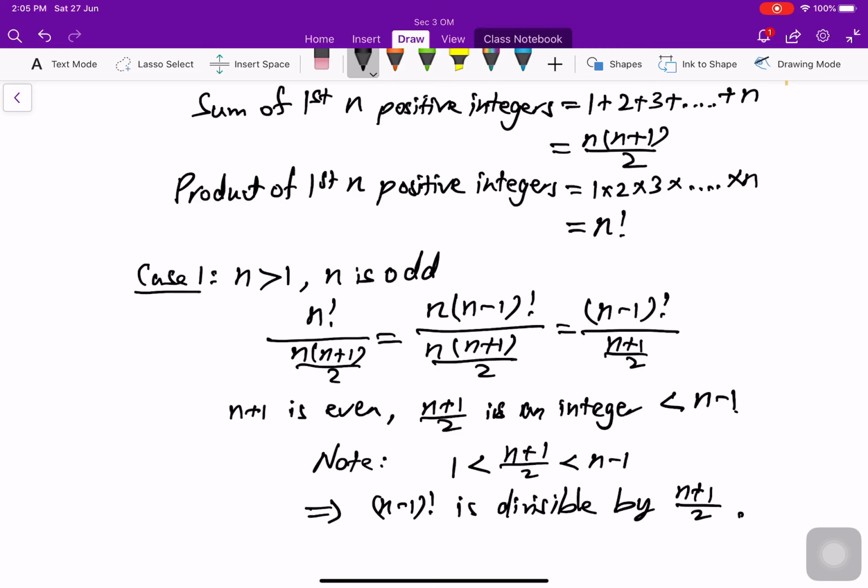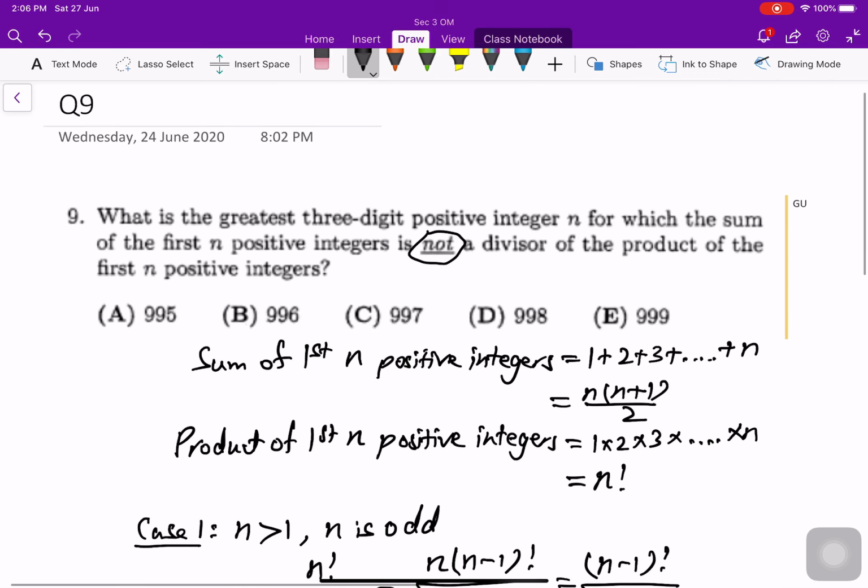That means when your n is odd, you cannot find an n such that the sum of the first n positive integers is not a divisor of the product of the first n positive integers.